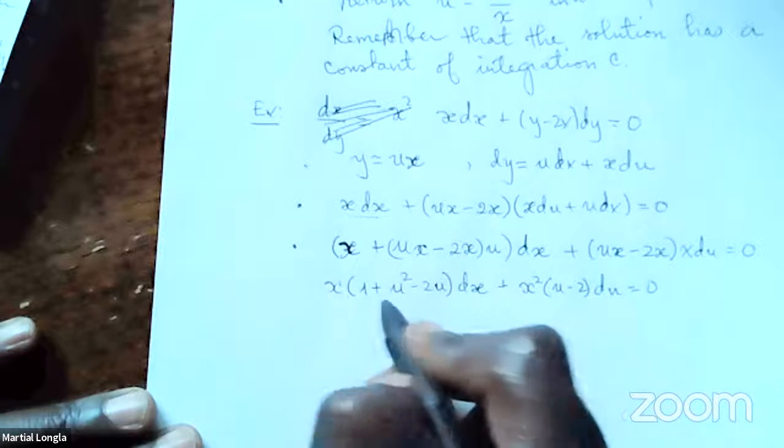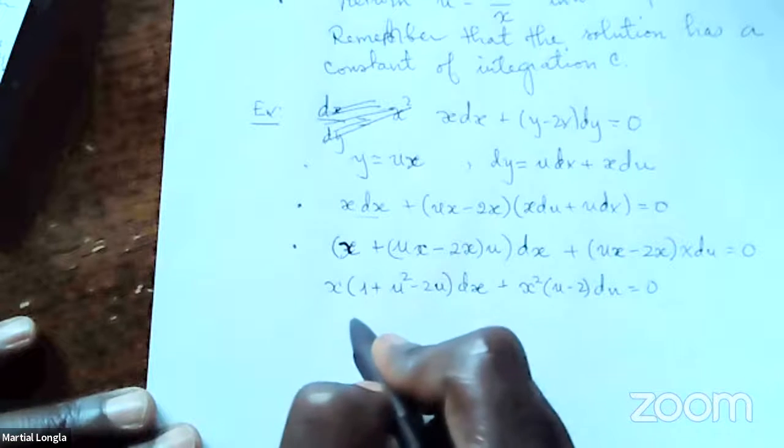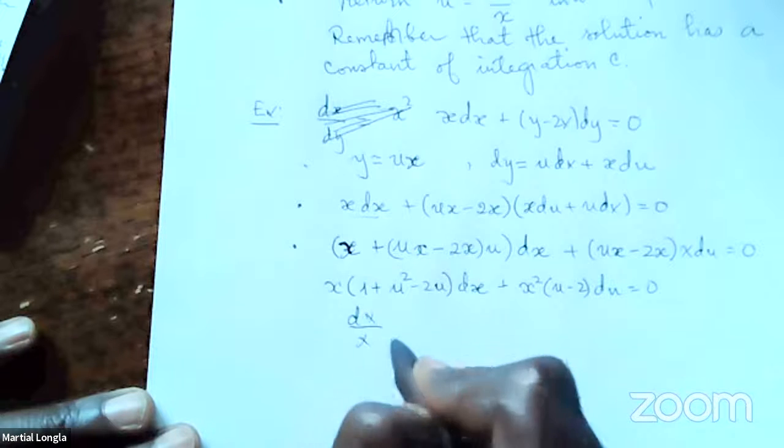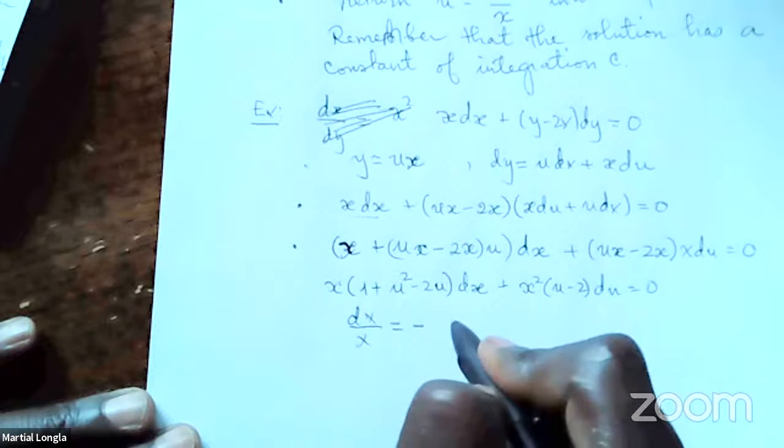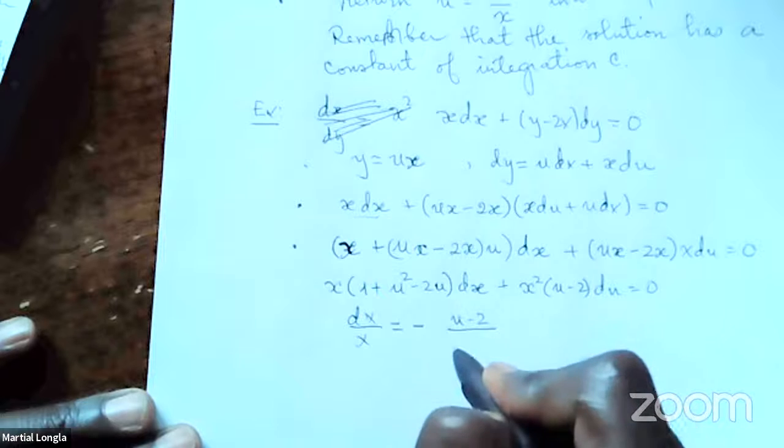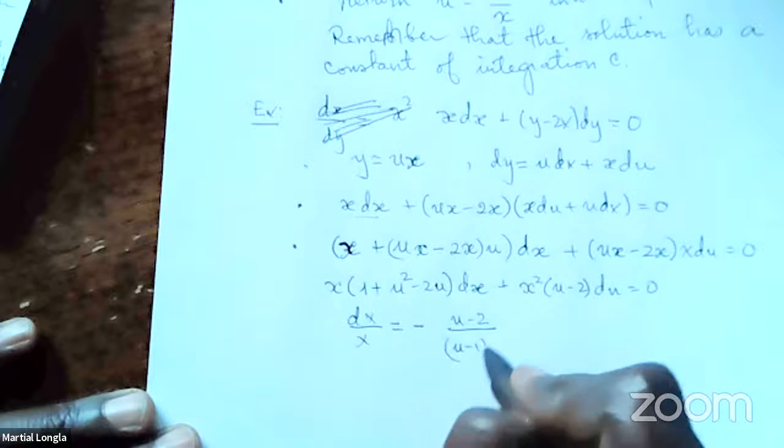And then we separate the variables and get dx over x equals minus u minus 2 over u minus 1 squared du.